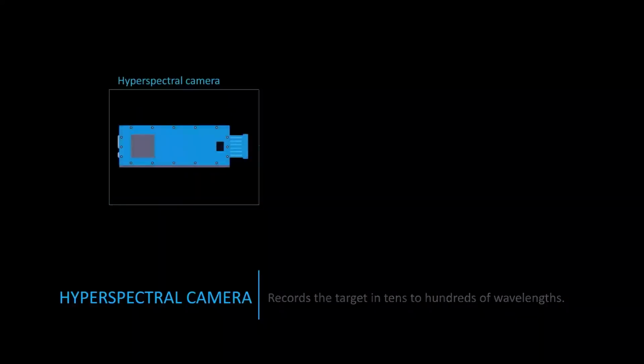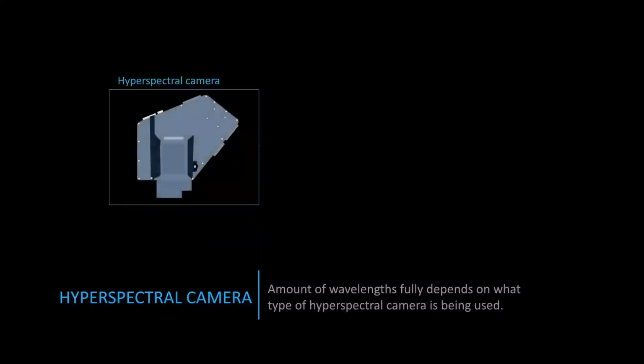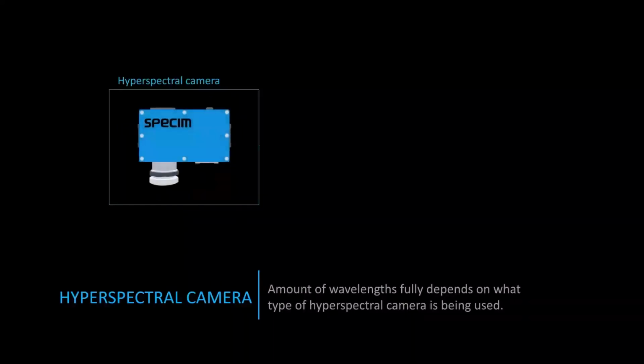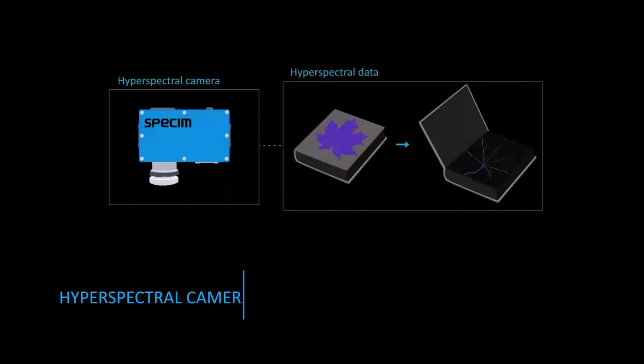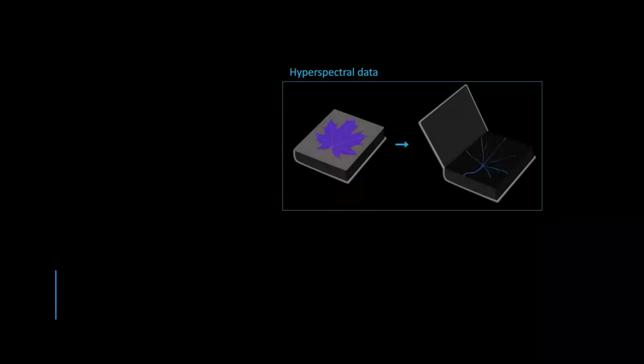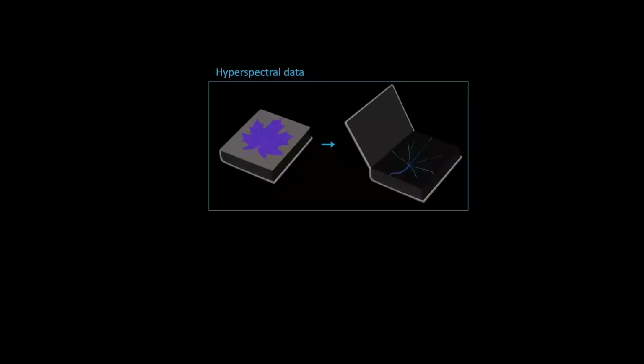With a hyperspectral camera, our target is recorded from tens to thousands of narrow color channels, meaning wavelengths. The amount of wavelengths fully depends on what type of hyperspectral camera is being used. In this example, the target is recorded in 220 wavelengths throughout the target area.